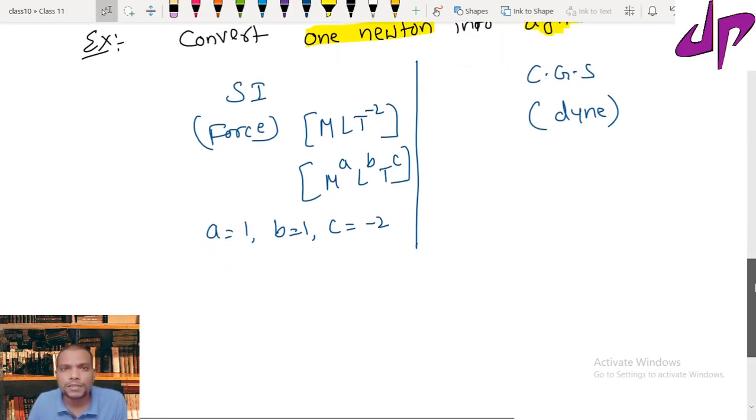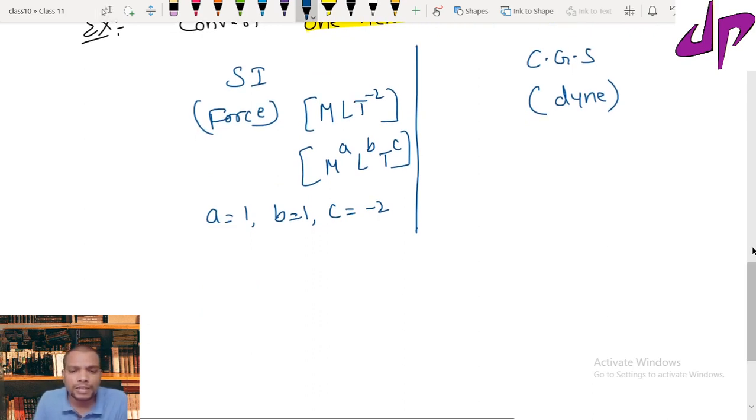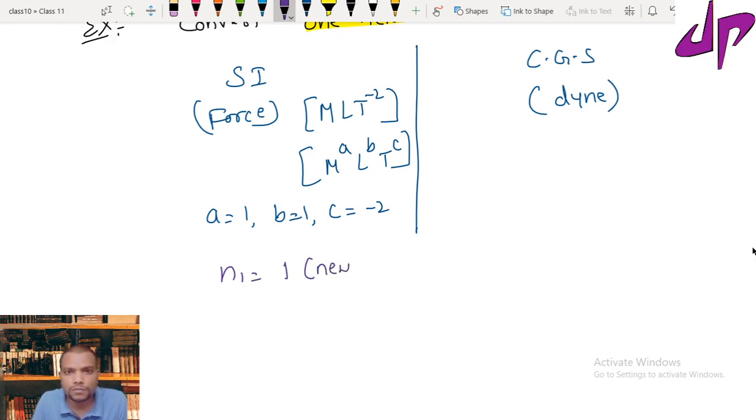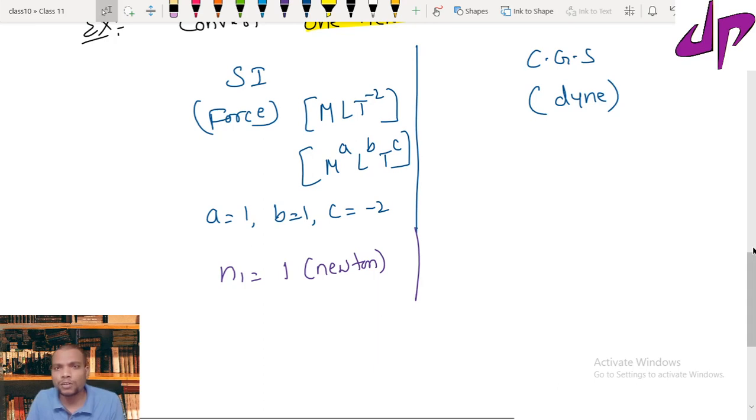After comparison, in SI unit, the N1 value is given. The quantity N1 is 1, it's 1 Newton. And the corresponding N2, here we need to figure out how many there are in terms of dyne.